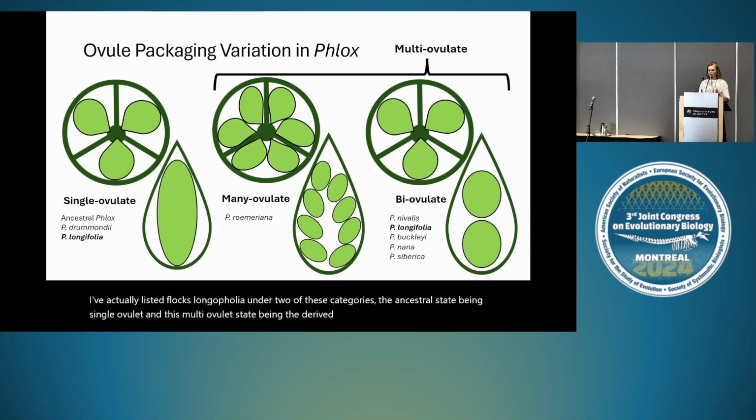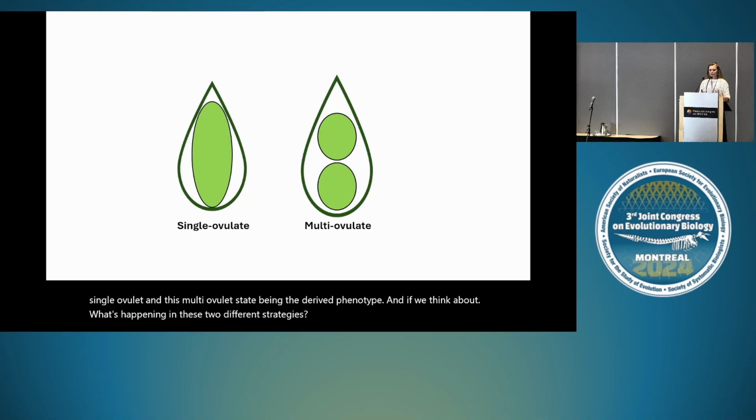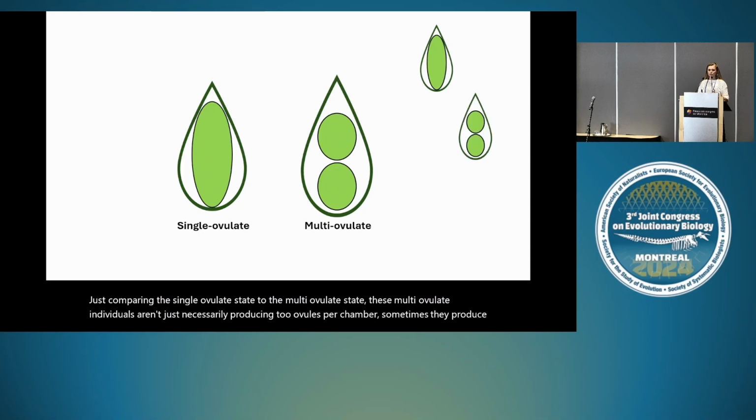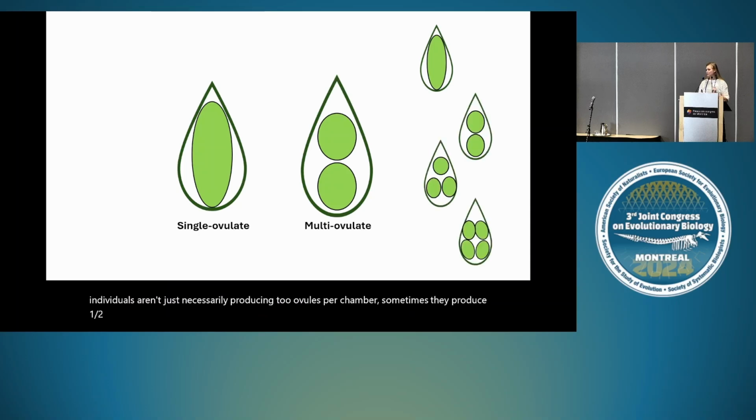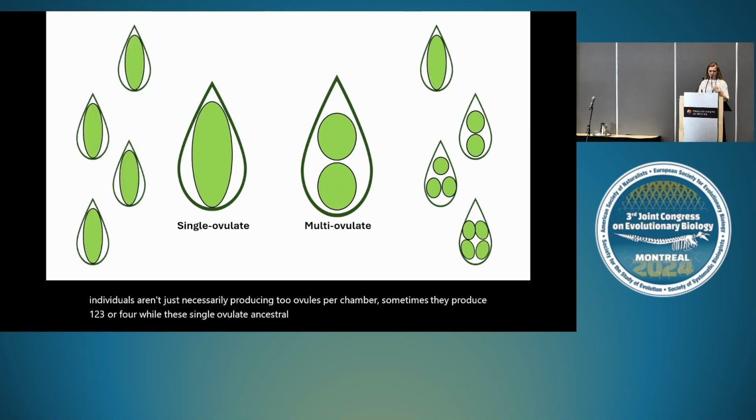If we think about what's happening in these 2 different strategies, just comparing the single ovulate state to the multi-ovulate state, these multi-ovulate individuals aren't necessarily producing 2 ovules per chamber. Sometimes they produce 1, 2, 3, or 4, while these single ovulate ancestral state species or populations are always producing 1, and there's no variation in this trait.